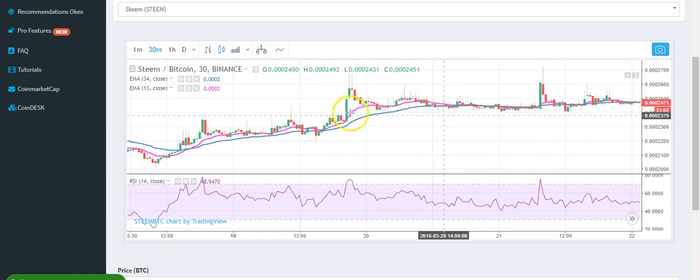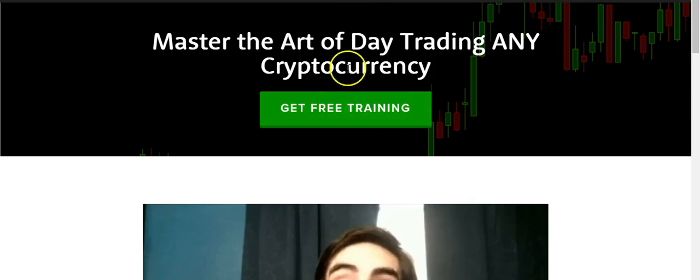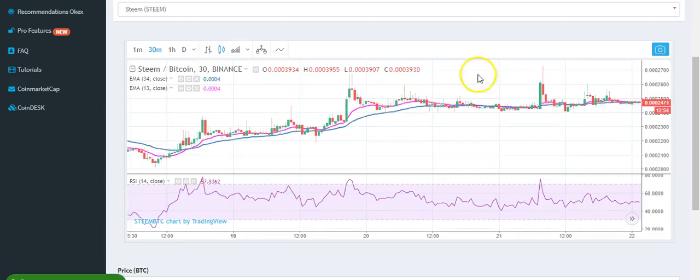Let's imagine that you already know how to do the charts, and you've already got this knowledge in your head. So what you're going to do is wait for pink below blue, and wait for the RSI line below the dash lines right here.